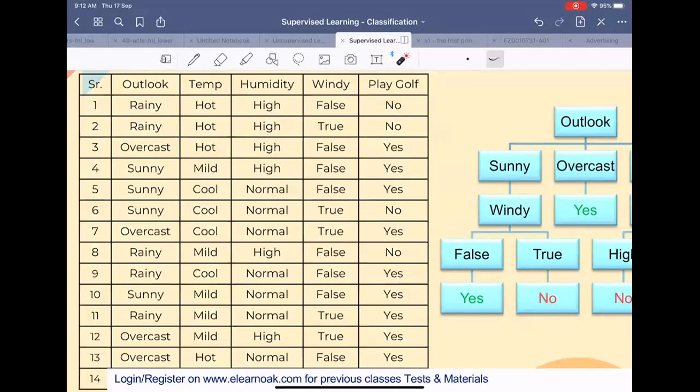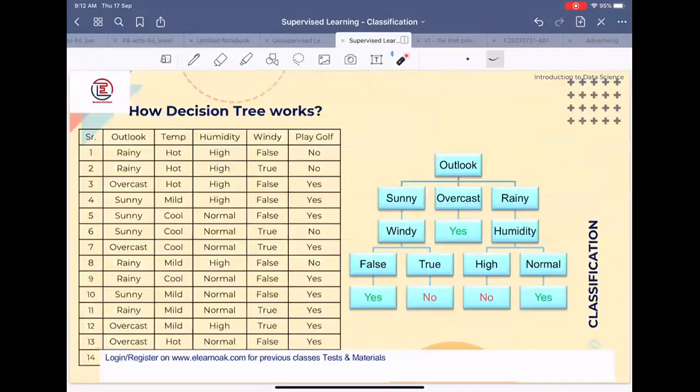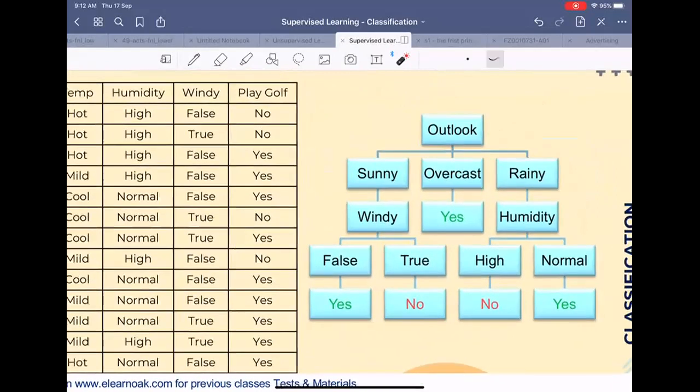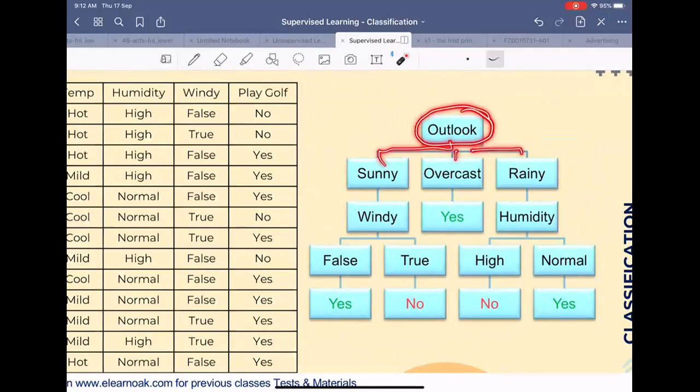Now, what a decision tree does is, if I get data like this, I'll try to create a decision tree, a tree structure like this. In this tree structure, we can see that there are decision nodes. So this is a decision node, outlook. Why? Because once we choose outlook, we go to three different options of sunny, overcast, and rainy.